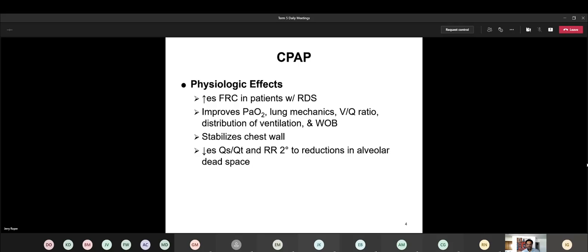So there's going to be adequate ventilation as well. But CPAP is all about supporting oxygenation. It's just that with babies, they get a secondary benefit of having better ventilation as well.